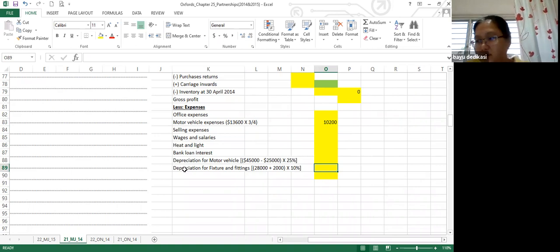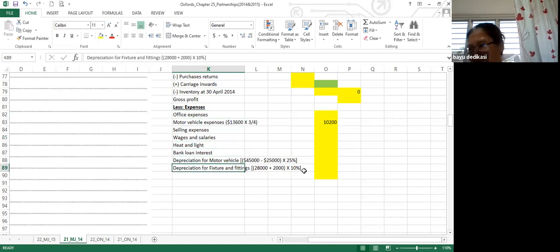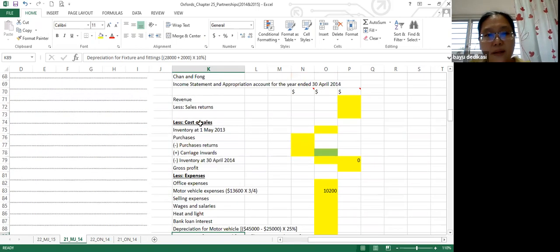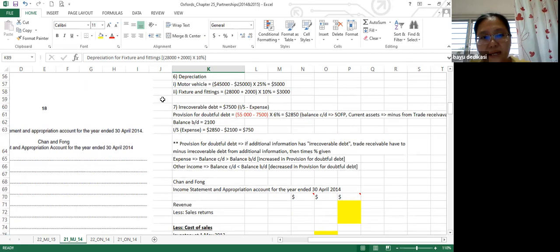Other than that, what else is the information that we have? Carriage inward, motor vehicle, office, and what else? 1, 2, 3, 4, 5, 6, 7, 8, 9, 10. Still got the bank loan amount here, and this bad debt, this irrecoverable debt, and then this provision for doubtful debt.